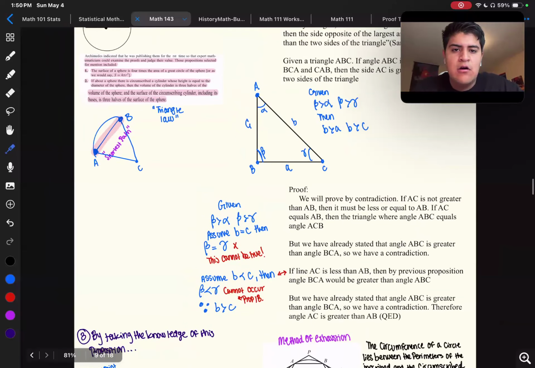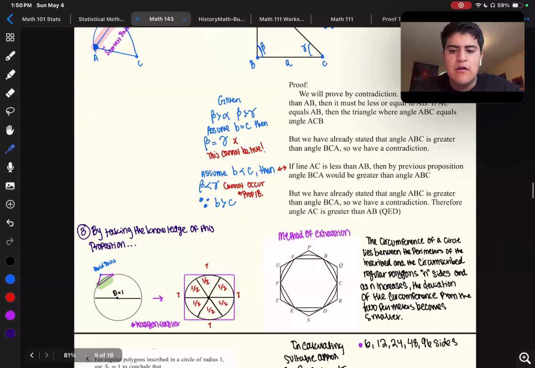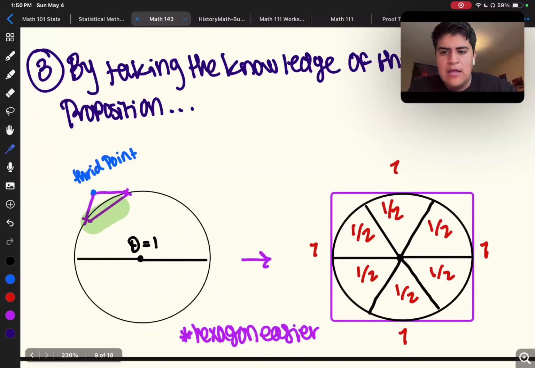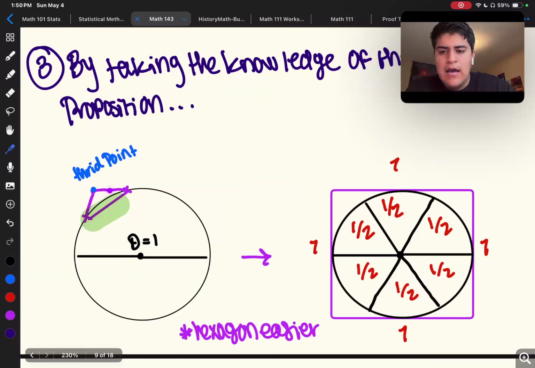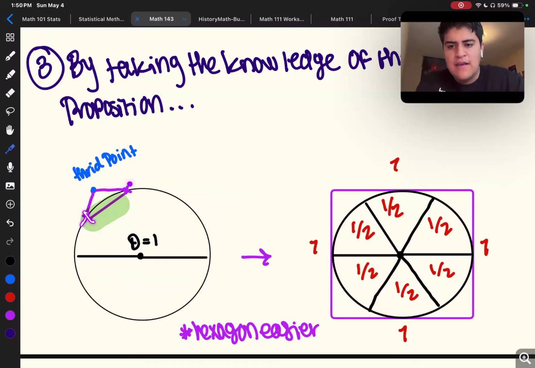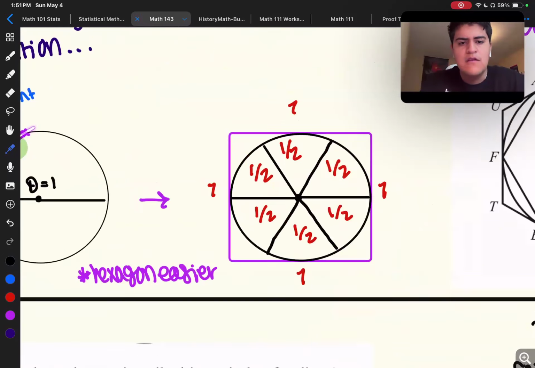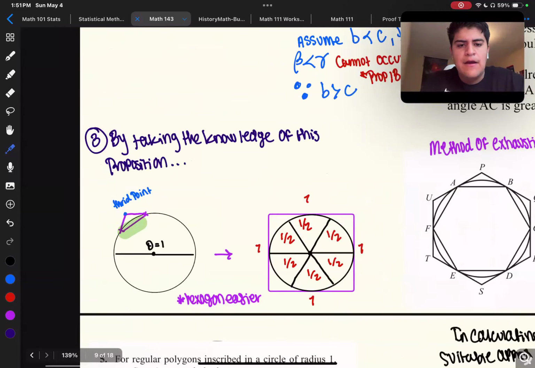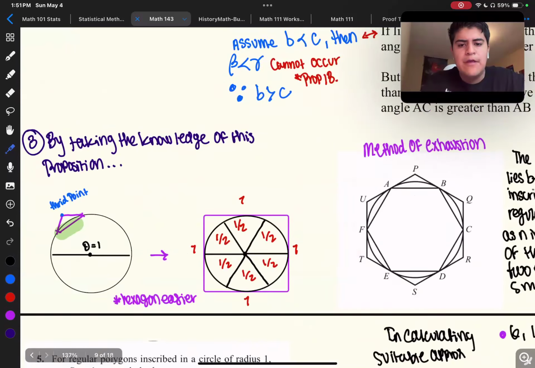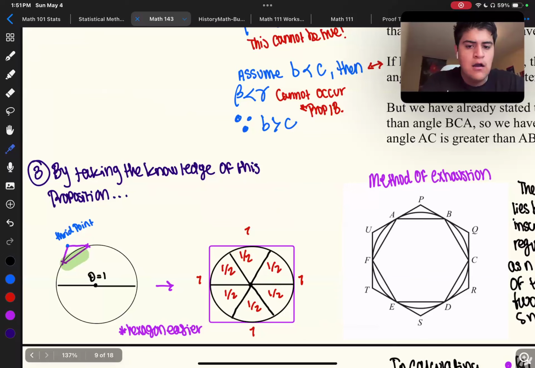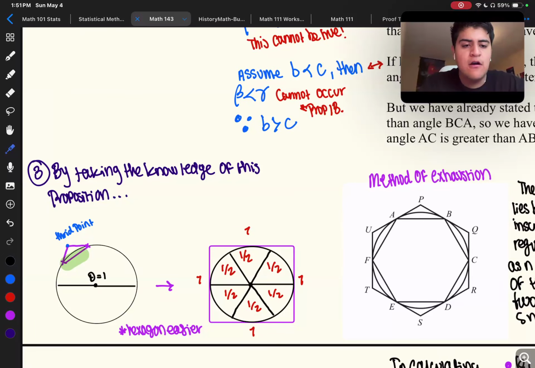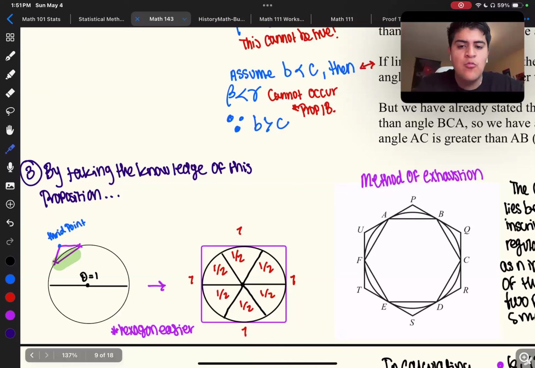By taking the knowledge of this proposition, let's say we have a circle with a diameter of 1. If we construct two points here and connect them, we know that this angle I'm highlighting is going to be greater when we connect it to this third point. As we mentioned earlier, a hexagon would be easier to work with.